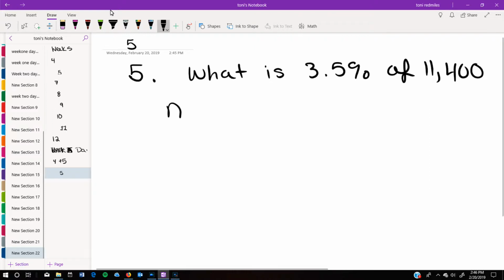All right, so n, what number is equals 3.5%? What are we going to do this time? Let's do a decimal, okay? Yeah, let's do decimal. So if I move that 2 places, that is my decimal. All right, so this one would have been easier as a fraction, but I did fractions last time.